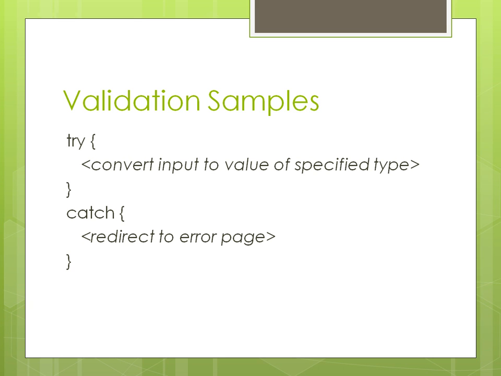Now, what's inputted into the field may be a string, but if you can convert it to a specified type, such as a number or a character or something pertinent to that particular field, then it can work correctly. Otherwise, catch it and redirect it to that default or generic error page we talked about earlier.